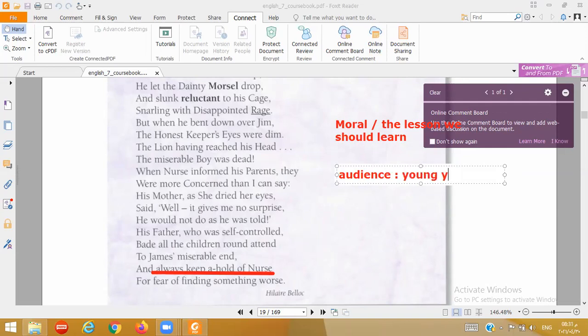Yes, that story is written for young children to teach them to keep hold of a nurse or a teacher and never misbehave or run away during school trips. Okay, good. So now we have the moral and the lesson that we should learn from the story, and the audience: the story is written for young children. Now, let's talk about the characters.